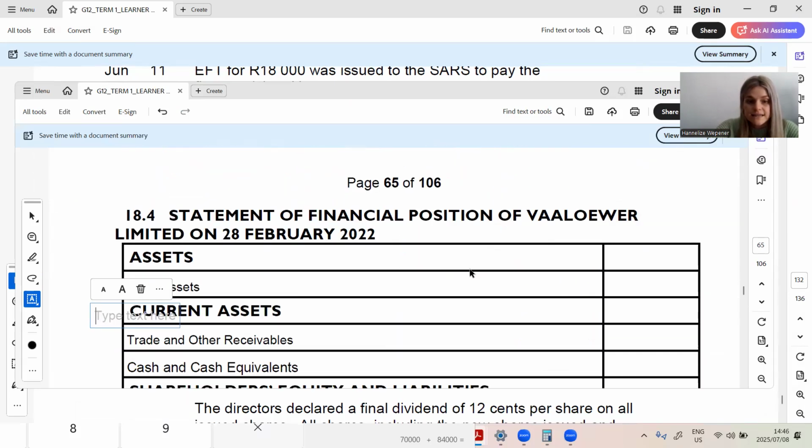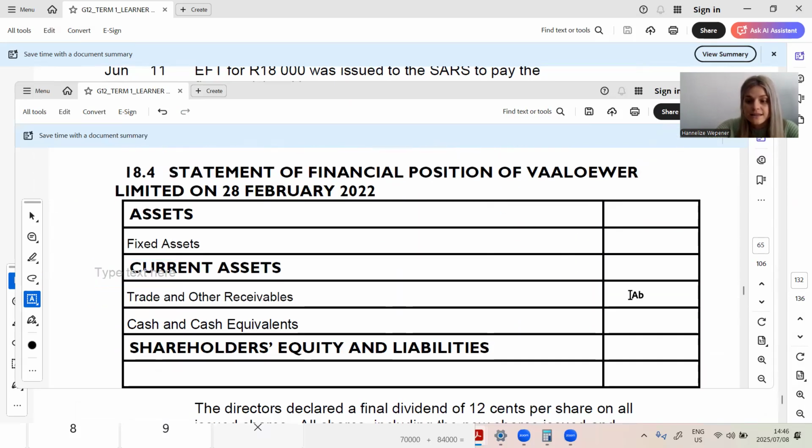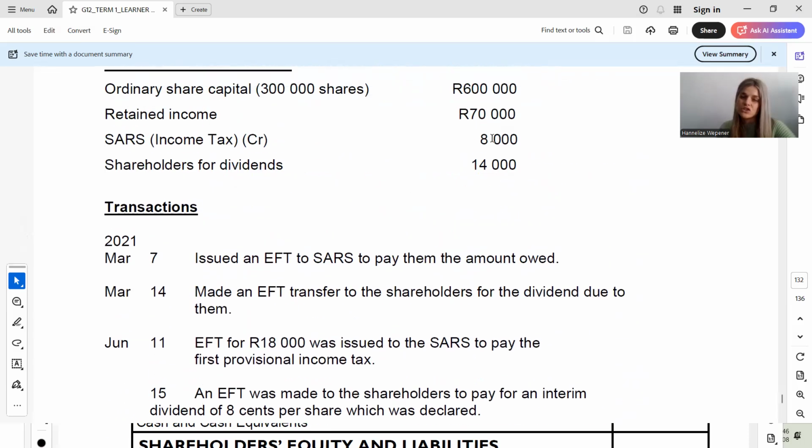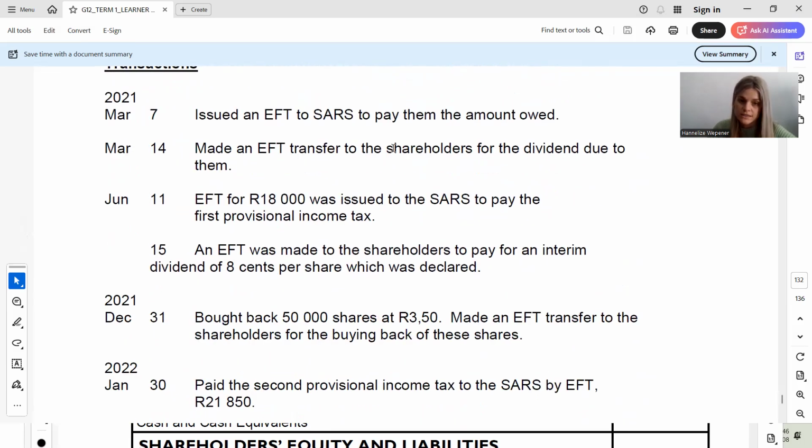And that is seen under my current assets under trade and other receivables. We don't have any other information, so we can't include anything else in our SFP. That's it. If they wanted us to add more things, such as your debtors, then they should have given us the balances to be able to include that. Right, so that was our SARS.